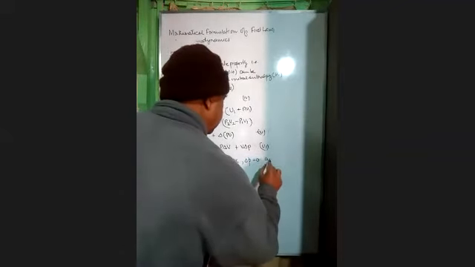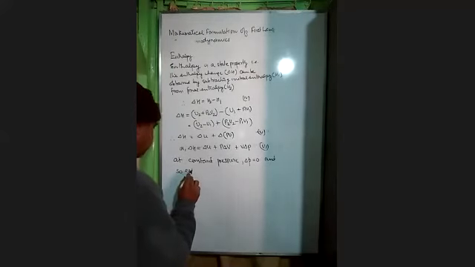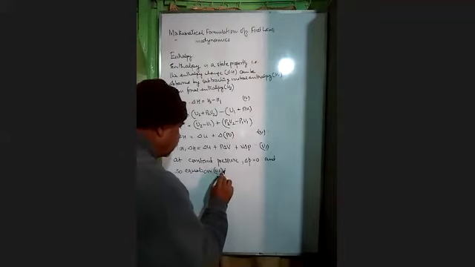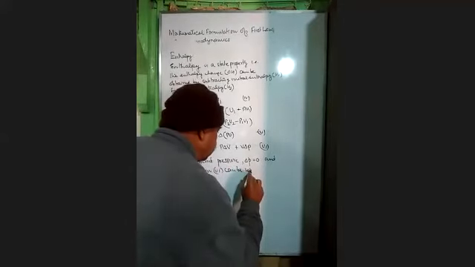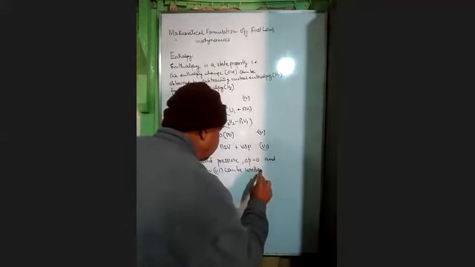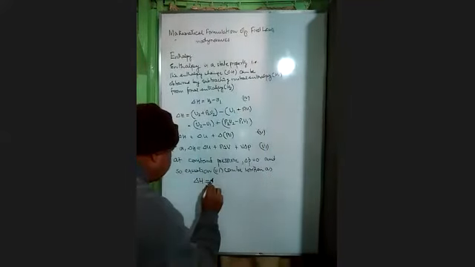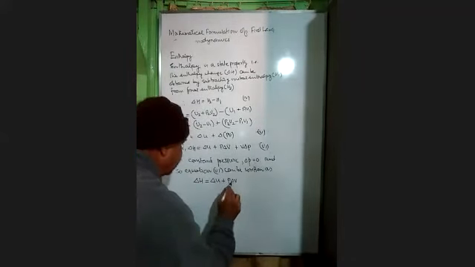And so equation 6 can be written as delta H is equal to delta U plus P into delta V.